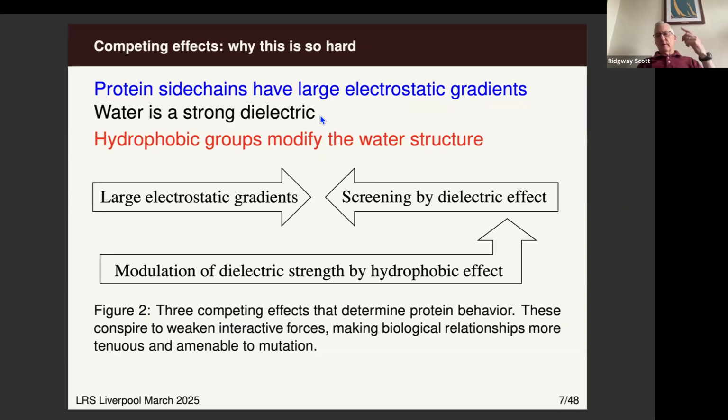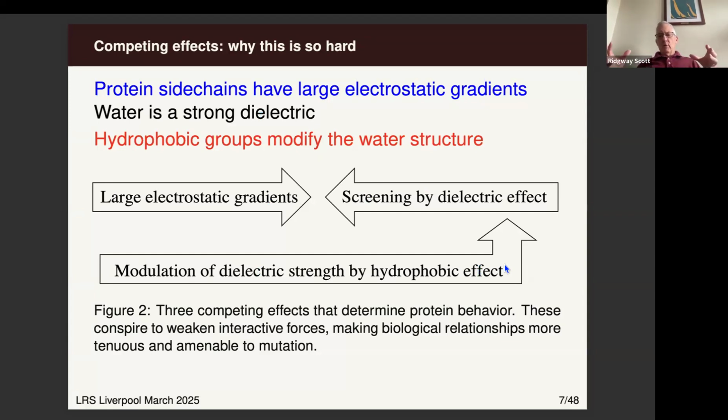Its dielectric constant is 80 times that of the vacuum. And then finally, there are these hydrophobic groups which modify the water structure, and they're distributed in interesting ways. So let's just go through the different forces here. So we have very large electrostatic gradients, but they're screened by the dielectric effect, the effect of water. And then finally, the water effect gets modulated because of the hydrophobic effect.